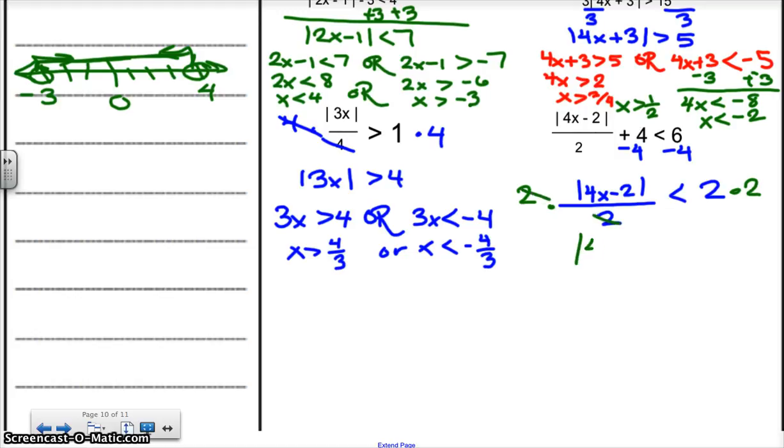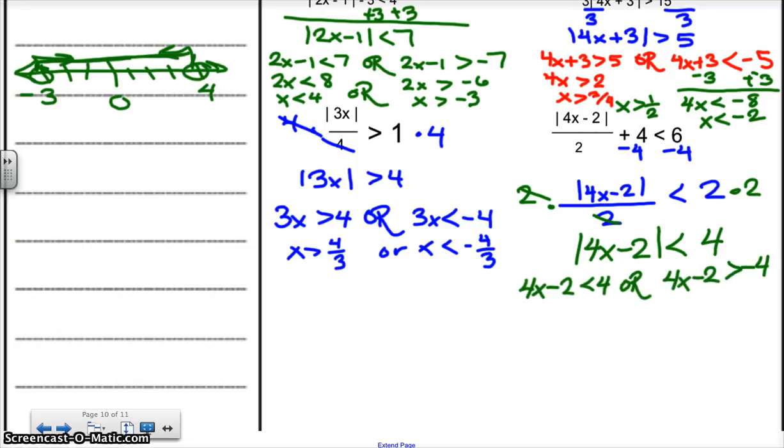The absolute value of 4x minus 2 is less than 4. Now I can create my cases. 4x minus 2 is less than 4, or 4x minus 2 is bigger than negative 4. And solve both of them.